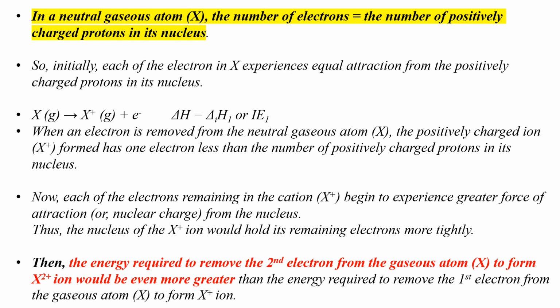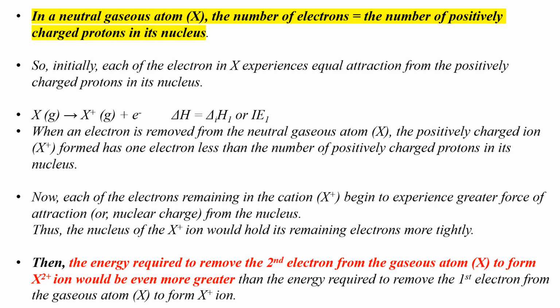So initially, each electron of the atom X experiences equal attraction from protons in its nucleus. Now look at the process. X gas gives X plus gas plus electron. When an electron is removed from the neutral gaseous atom X, the positively charged ion formed, that is X plus gas, has one electron less than the number of positively charged protons in the nucleus.